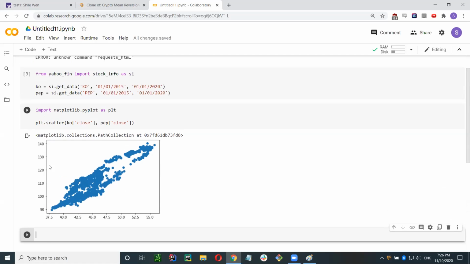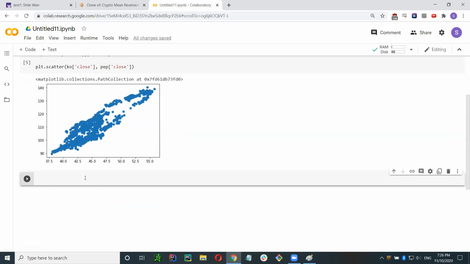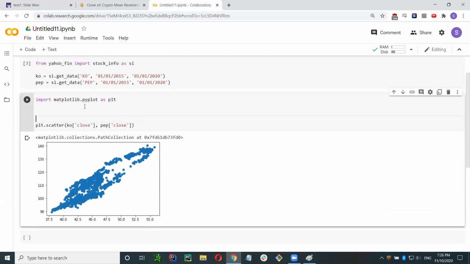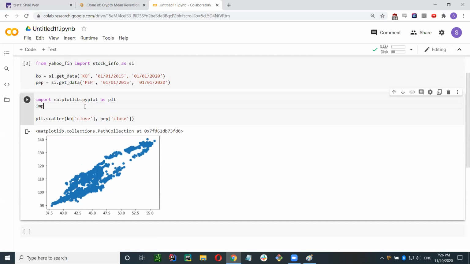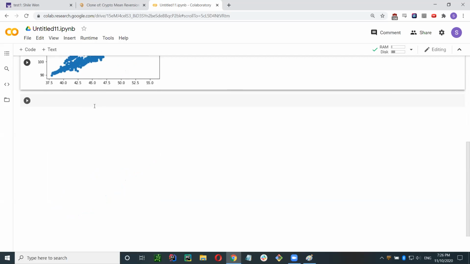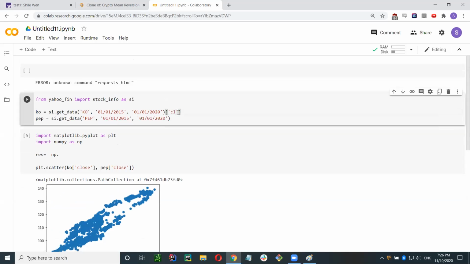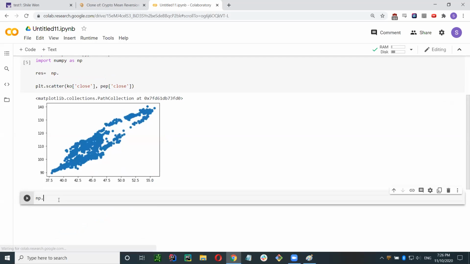And so let's now add a line to it. So numpy OLS. So let's just, res equals, let's just see what it will look like. Yeah, let's make both of these close so it's easier. Okay, so OLS, PEP, KO.